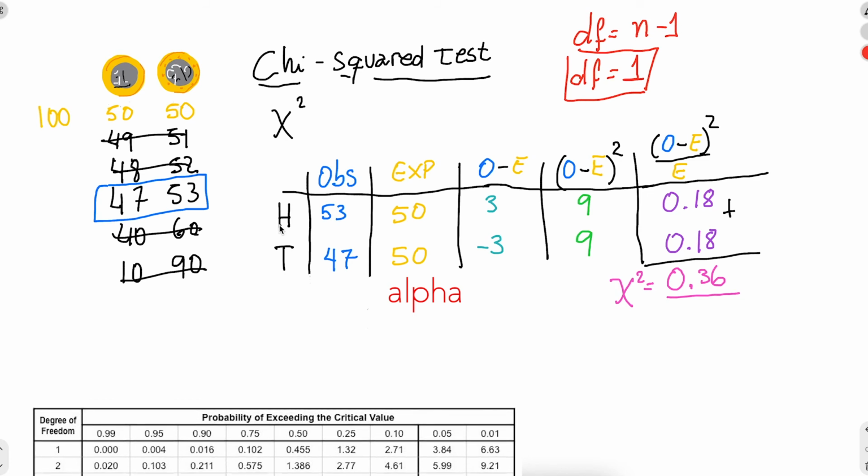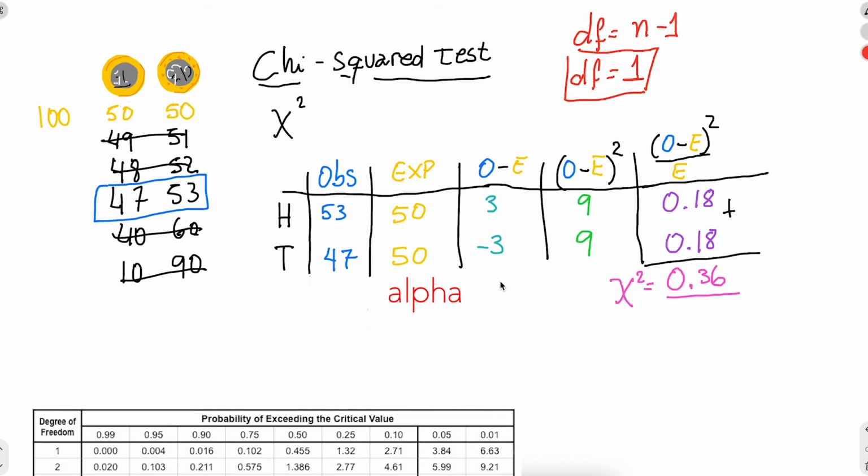That's fine, right? You can keep your hypothesis that this is the real distribution. But if the chi-square value is larger than the critical value, that means the difference is too big. Your coin is not fair, or this distribution that you expected is not what is really going on.